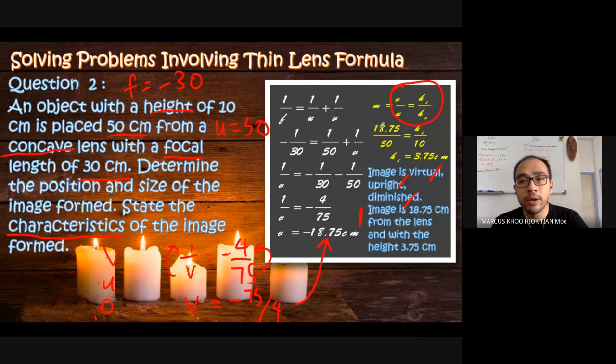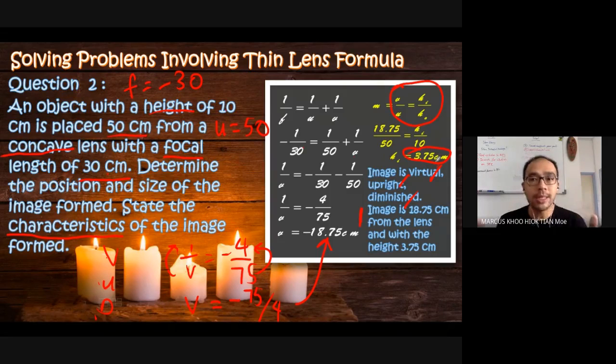We use 18.75 divided by 50, V over U, sama dengan the height image yang kita mau cari, HI over 10, because the original height is 10. And we find that it becomes diminished lah seperti yang kita jangkakan. Dia memang diminish, 3.75. The image will always be smaller than the object for concave lens.